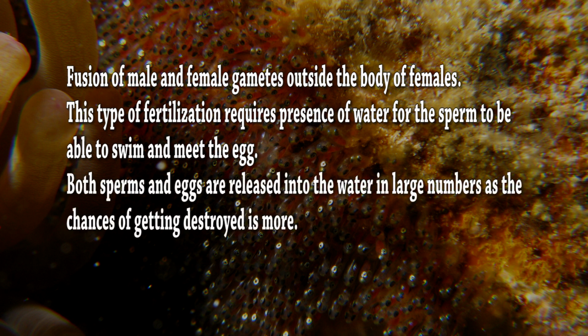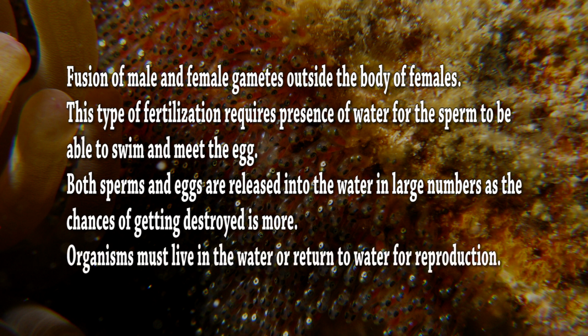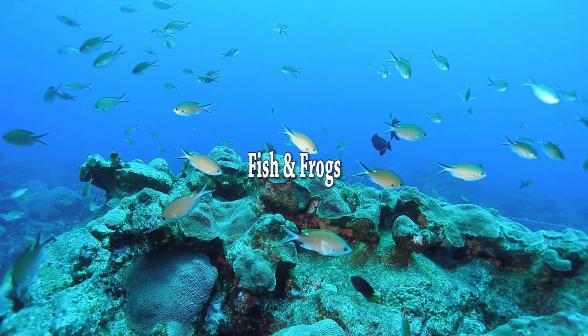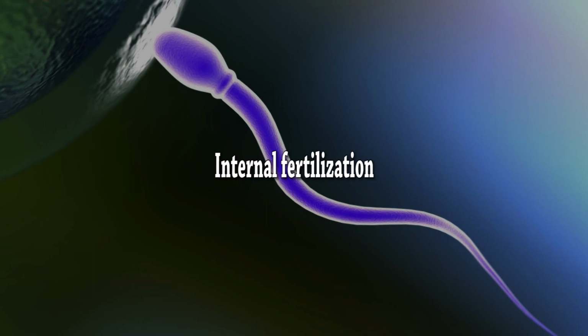Both sperms and eggs are released into the water in large numbers as the chances of getting destroyed are more. Organisms must live in water or return to water for reproduction. Examples for external fertilization are fish and frogs.